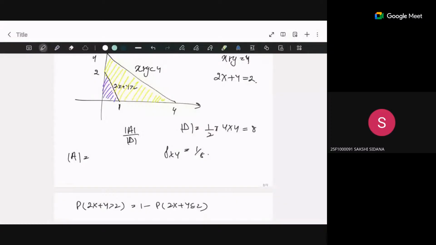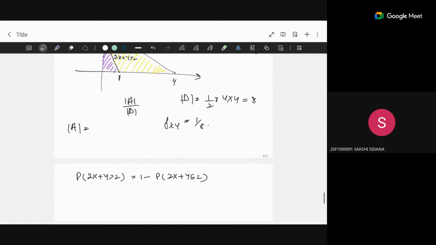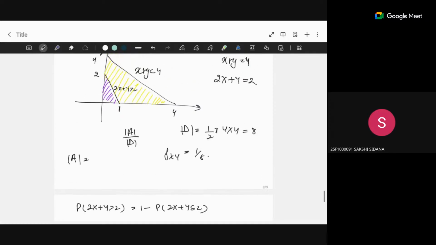That means 8 minus. What is the region? The same thing, no? So this area is actually what? The area of 2x plus y greater than 2, correct? The yellow region.